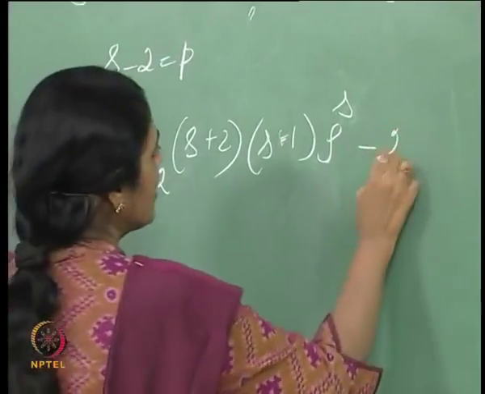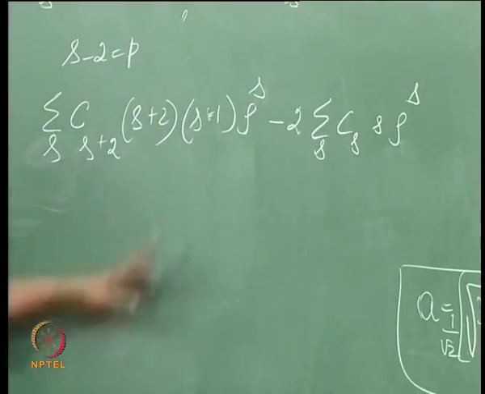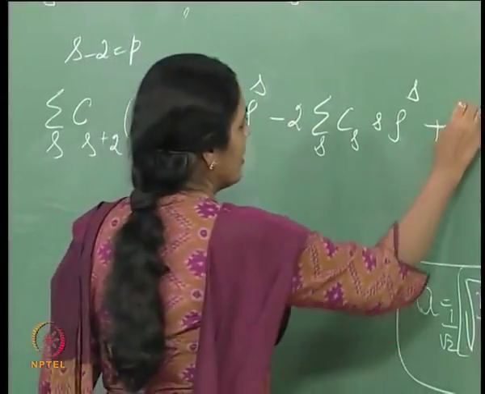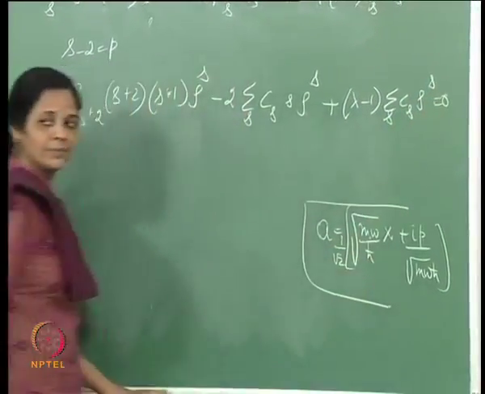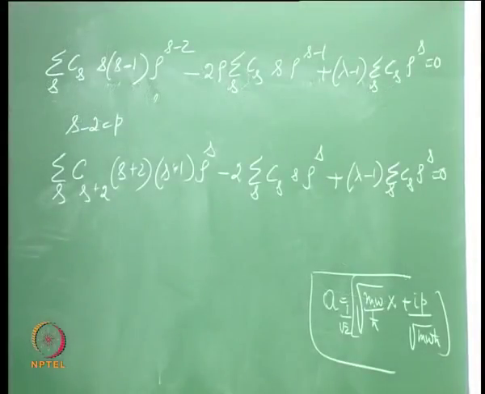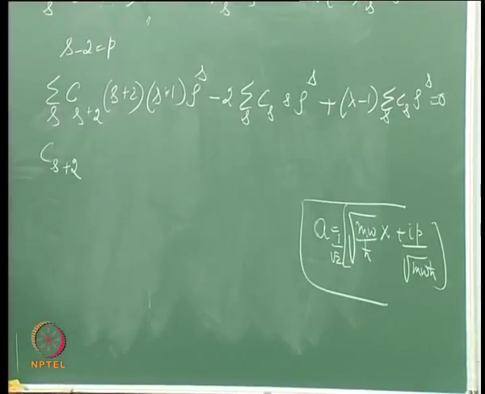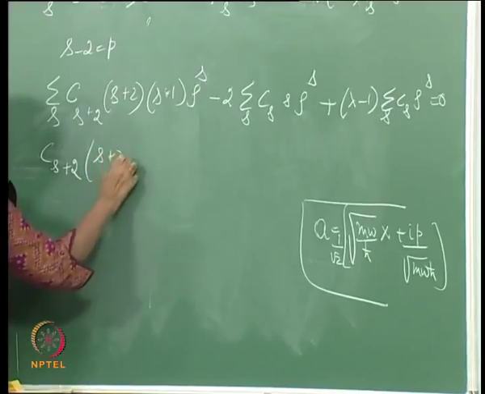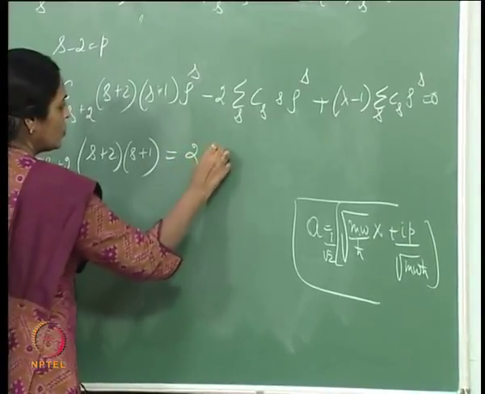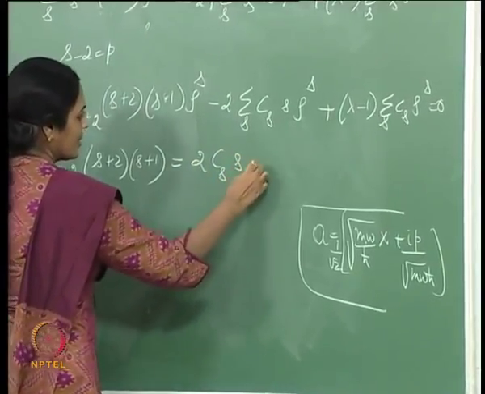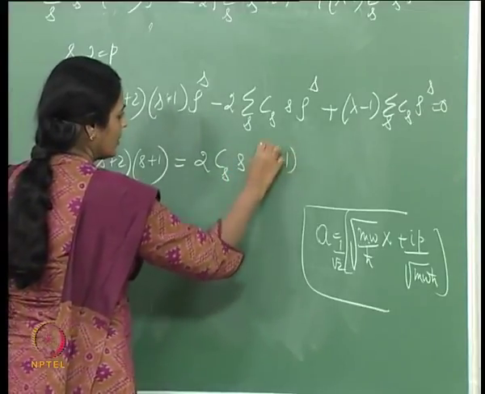That is my first term, minus 2 summation over s Cs s rho to the power of s. So I am just trying to pull out coefficients of rho to the s, plus lambda minus 1 summation over s Cs rho to the s is 0. And therefore I have, for any s, Cs plus 2 times s plus 2 times s plus 1 is equal to 2 Cs s plus lambda minus 1 Cs.